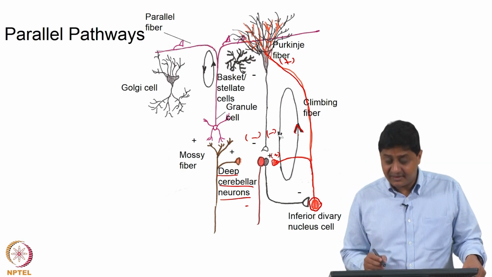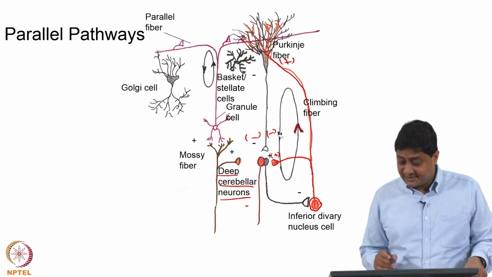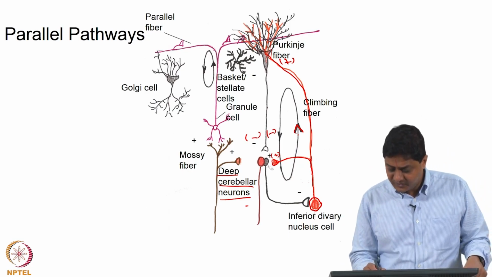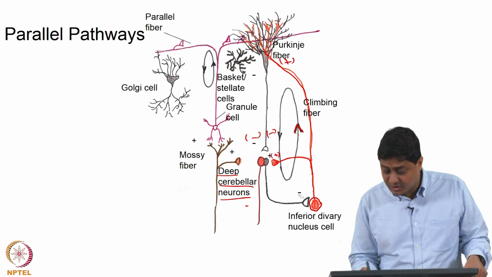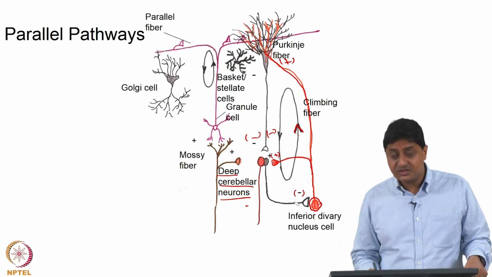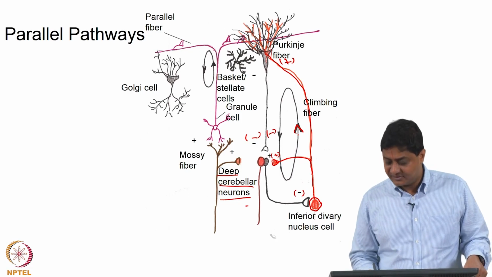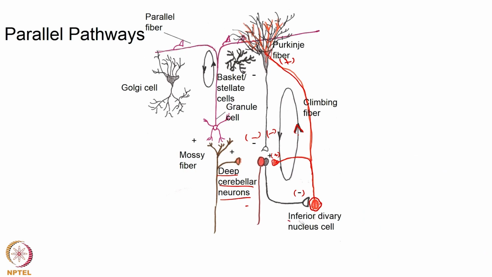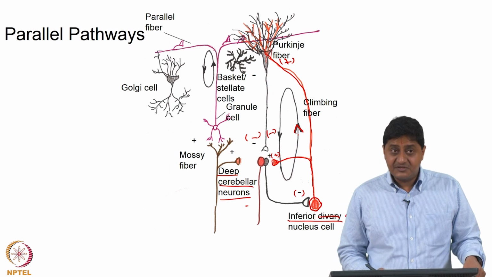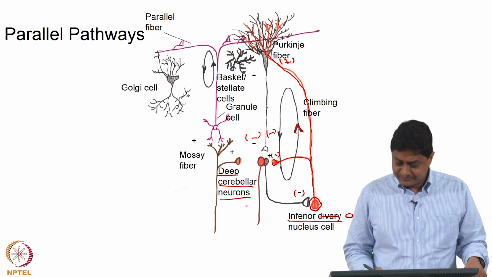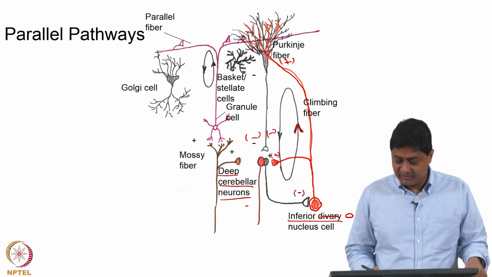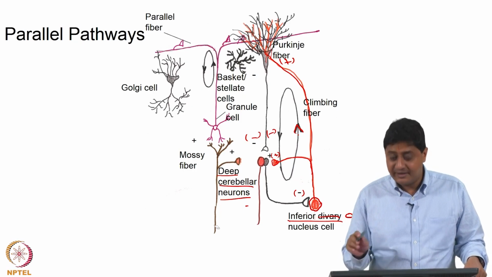But it is not just that, it turns out that what is also true is that the deep cerebellar nuclei can also modulate the functions of the inferior olive. This is inferior olivary nucleus, okay. So, the deep cerebellar nuclei can also modulate the functions of the inferior olive by inhibiting them.